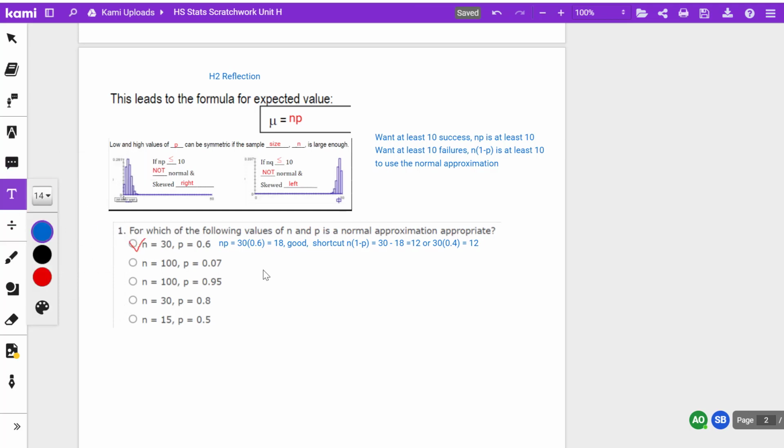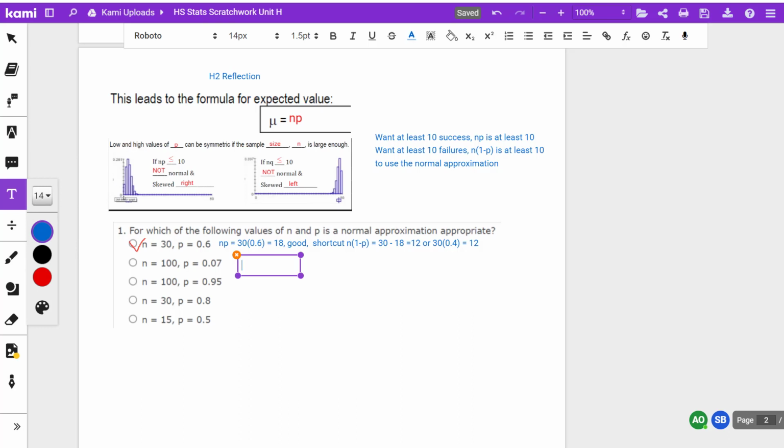Let's look at why the other ones aren't appropriate. So np for the second one is 100 times 0.07, which is 7. Bad, not at least 10 successes. So I don't even have to check anymore there.